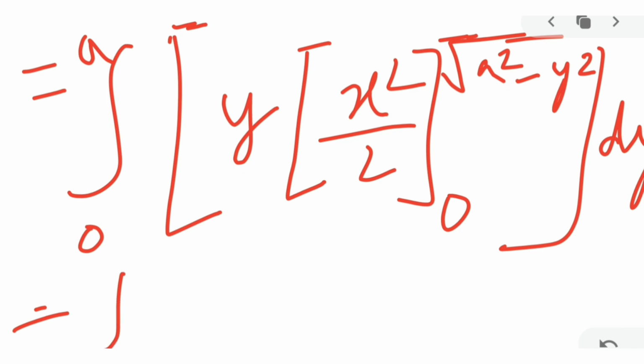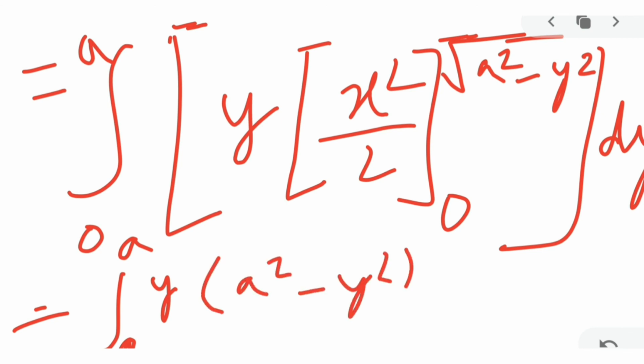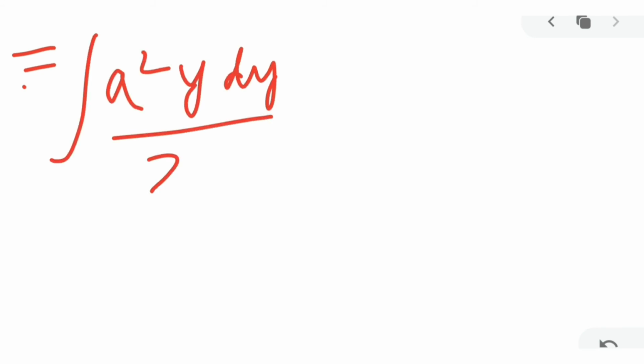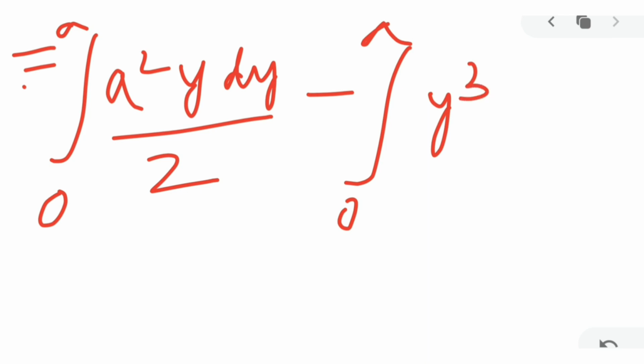So here 0 to a, 0 to a, y into a square minus y square by 2 dy. In the next line we will have equals to a square y dy by 2, 0 to a minus 0 to a y cube dy by 2.